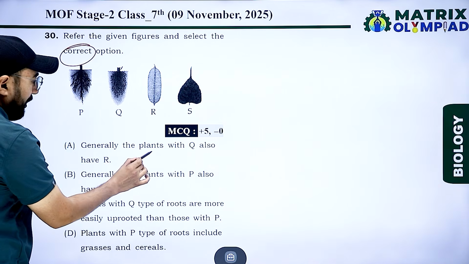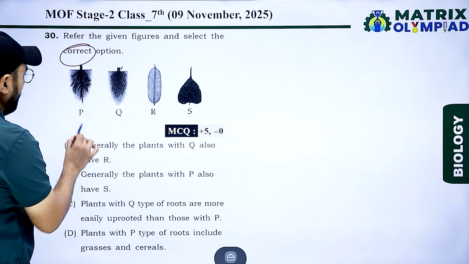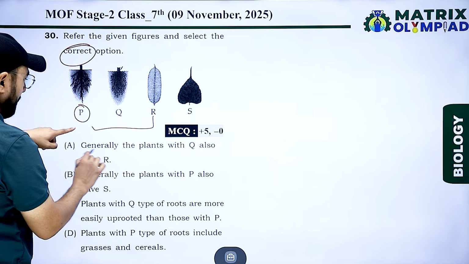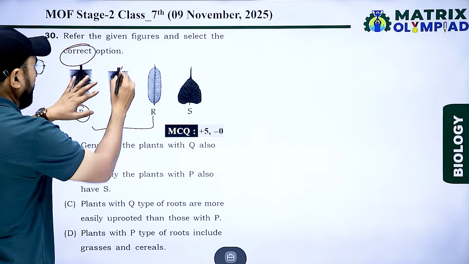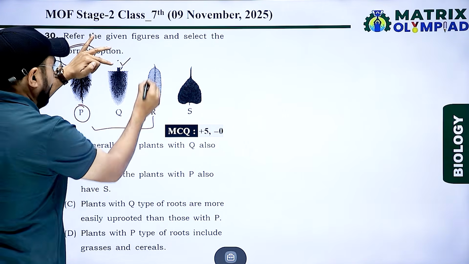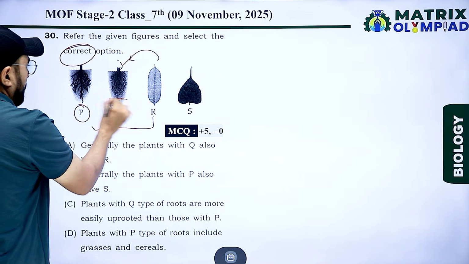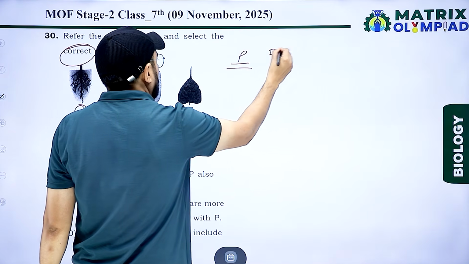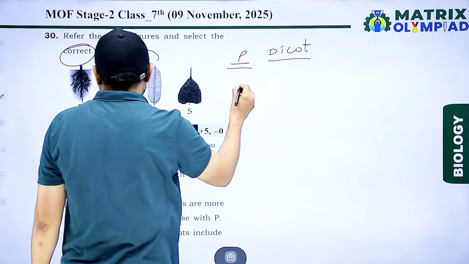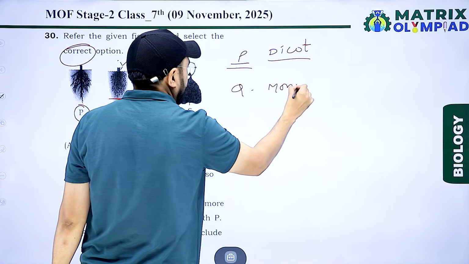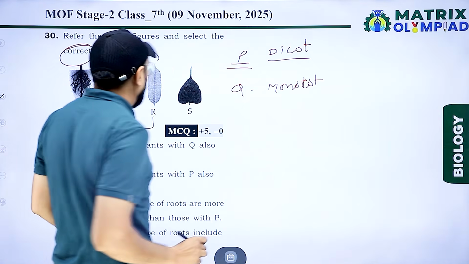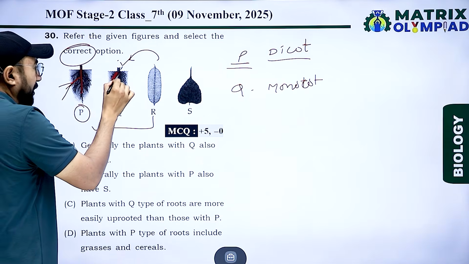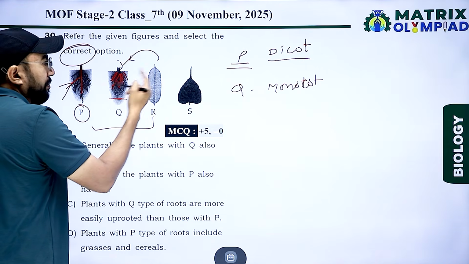A. Generally, the plants with Q also have R. In the diagram, first of all, P shows the dicot condition and Q shows the monocot condition, because in the fibrous condition there is no main root, only primary, secondary, tertiary roots, so this is monocot.